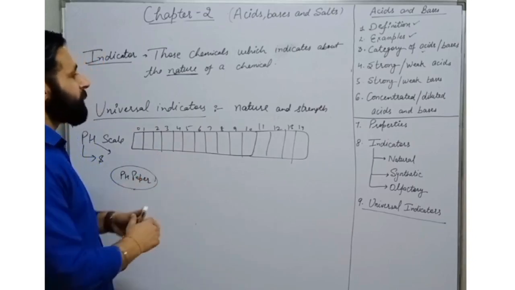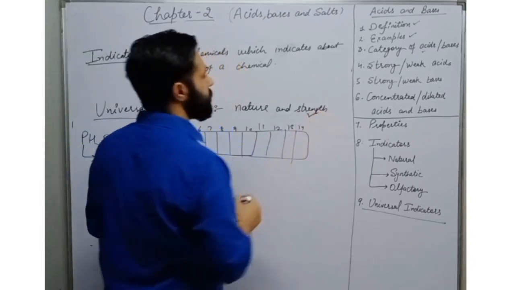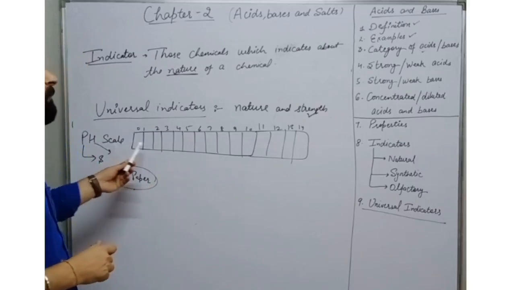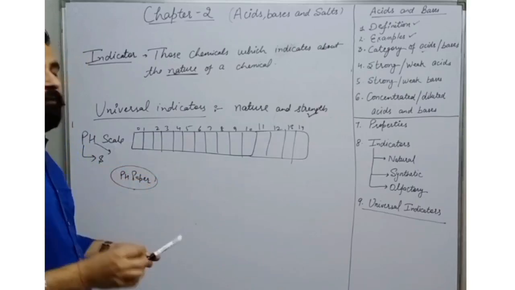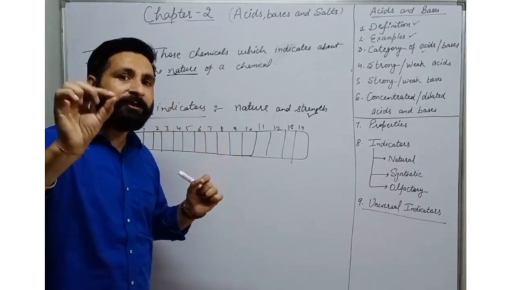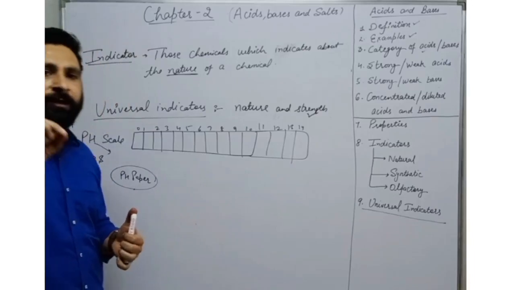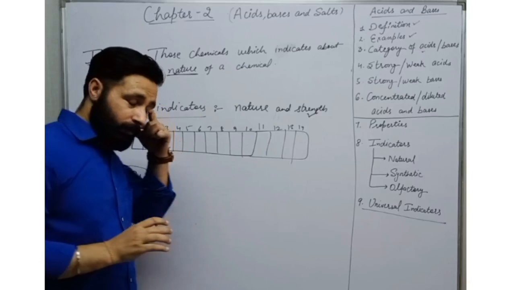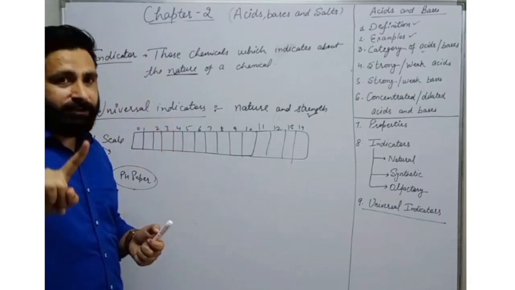This scale is for measuring the strength only. Clear? And pH paper is different. This is a pH scale. So when you dip a pH paper, previously I told you about litmus paper, it is a pH paper. When you dip pH paper in a chemical, its color changes.